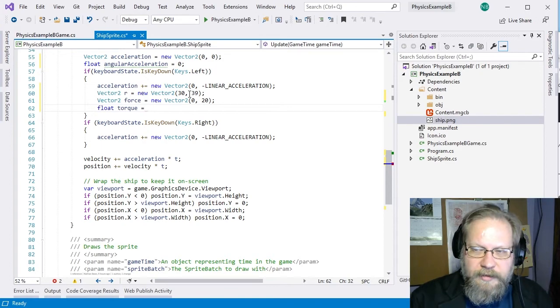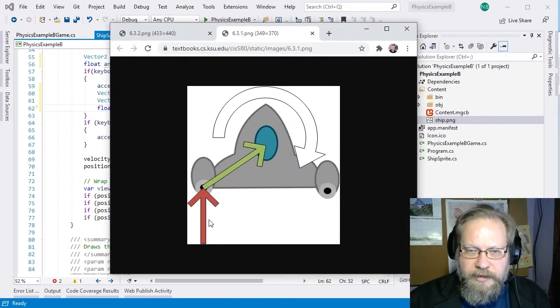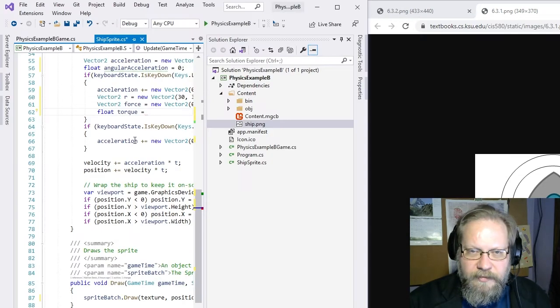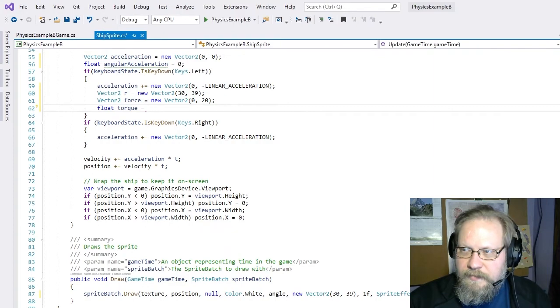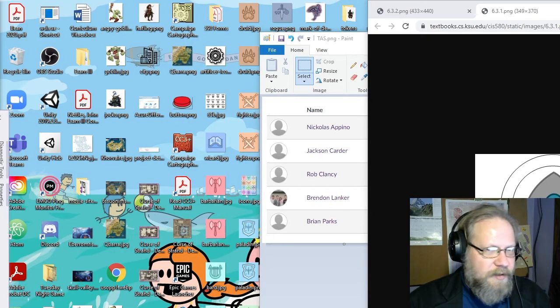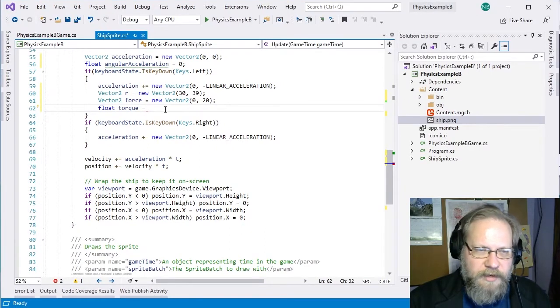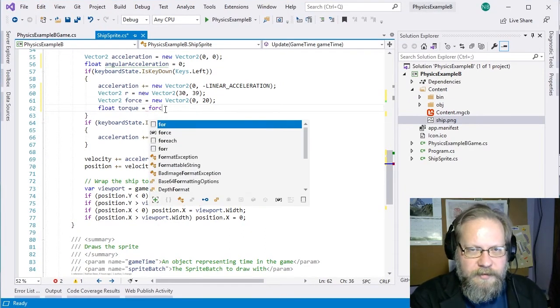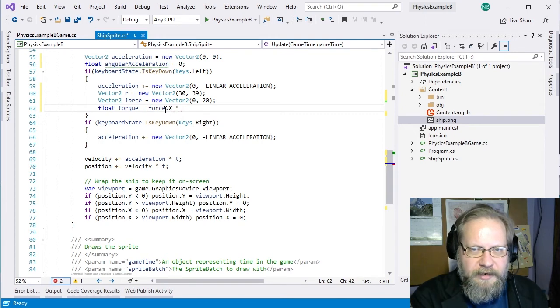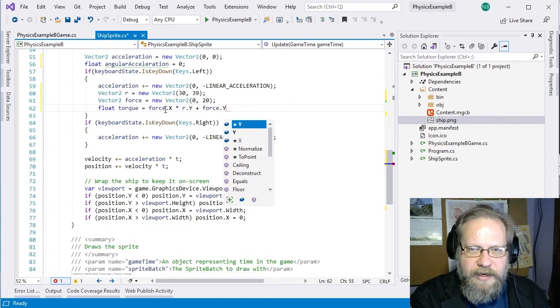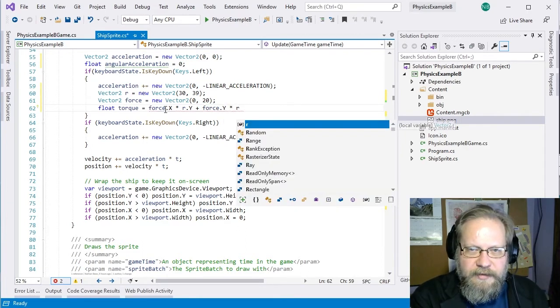And the torque, in this case, is the cross product of these two vectors. And the cross product we calculate with force.x, the x of one, times the y of the other, plus the y of the first, so force.y times the x of the other.